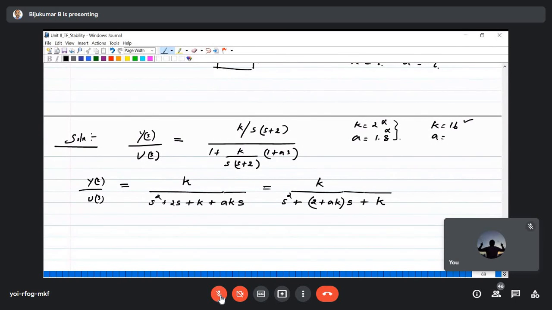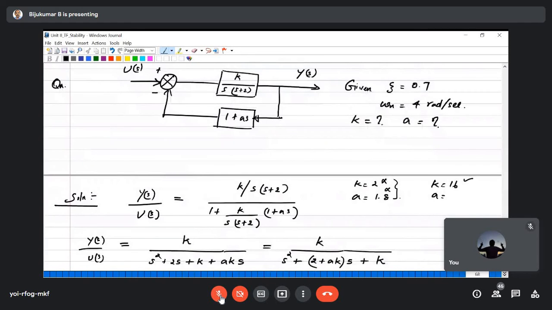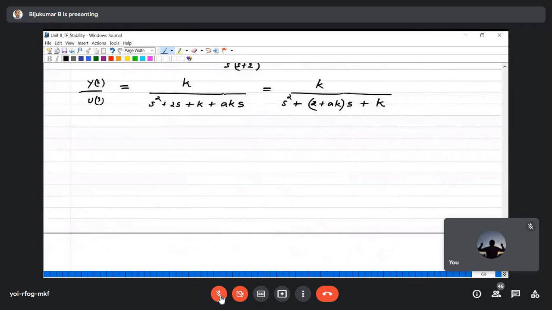Omega n is given in the question, 4 radians per second. Now you can compare this with the standard form.